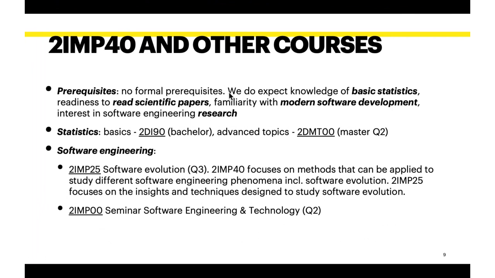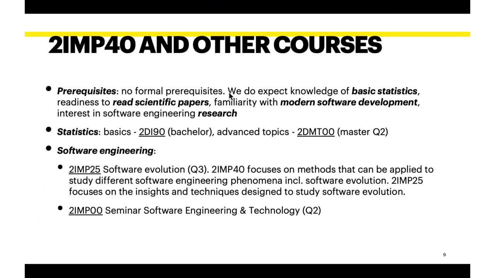Modern software development doesn't necessarily mean the most recent framework or the most recent version of the framework, but it would be nice if you had an idea, for instance, how Git works or what kind of problems software developers experience when they are working in large projects. And of course, the foremost is genuine interest in software engineering research.